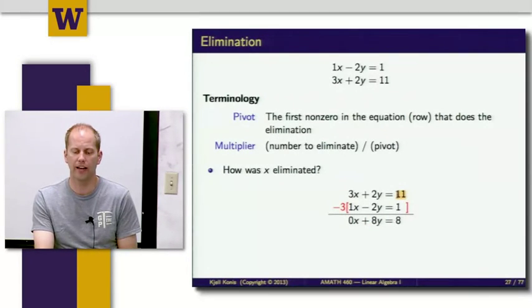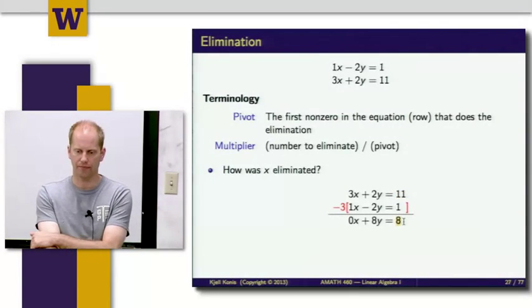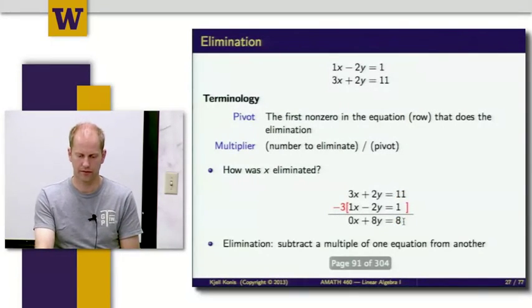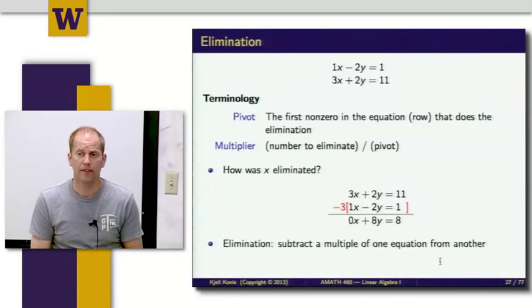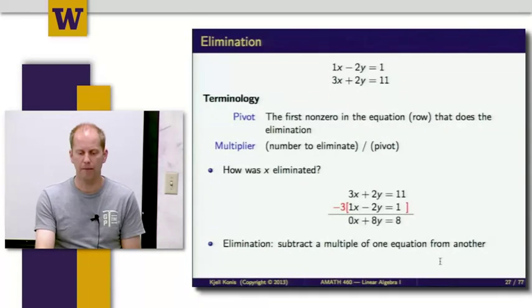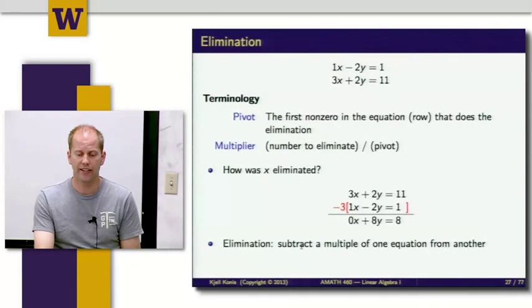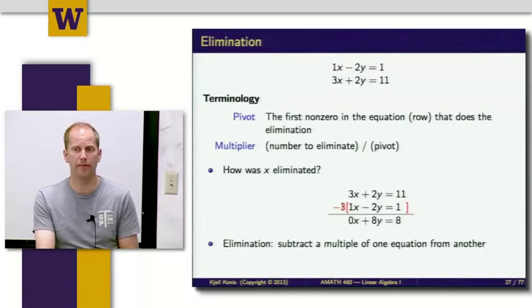So here I have 11 plus negative 3 times 1, and that gives me 8. So one elimination step, or sometimes this is also called an elementary step, is just going to be to subtract a multiple of one equation from another. So in this case, I'm subtracting 3 times the first equation from the second equation.